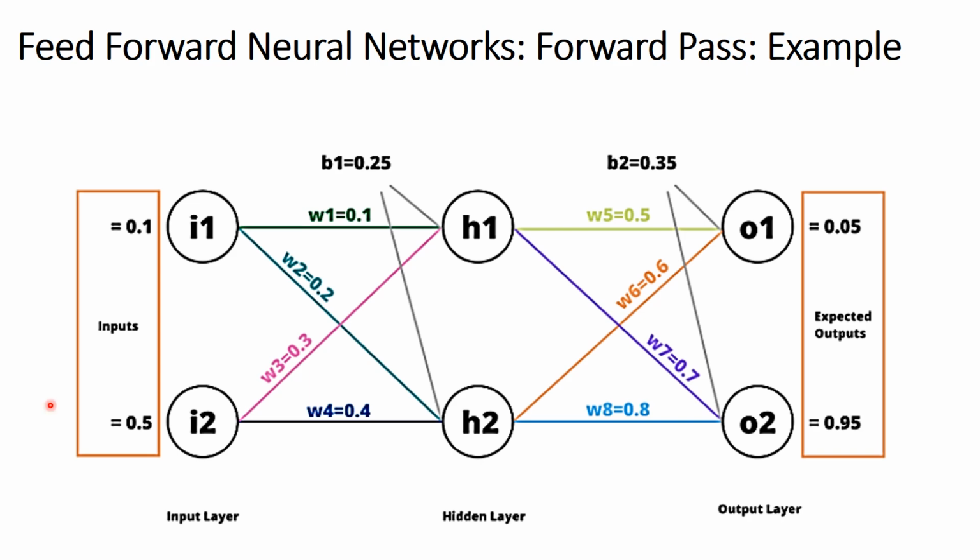Feed forward neural networks forward pass example. نشوف مثال. طيب عندنا two inputs رمزين لهم ب I1 و I2.